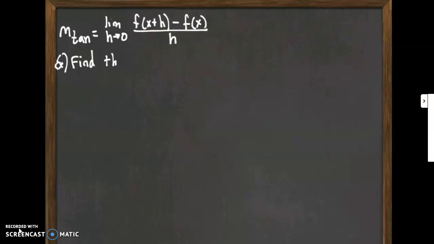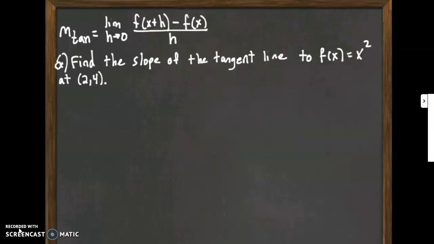So we begin with this problem. We want to find the slope of the tangent line to f of x equals x squared at the point (2, 4). So we want to find the slope of that curve at that point. We begin by saying, okay, slope of the tangent line.